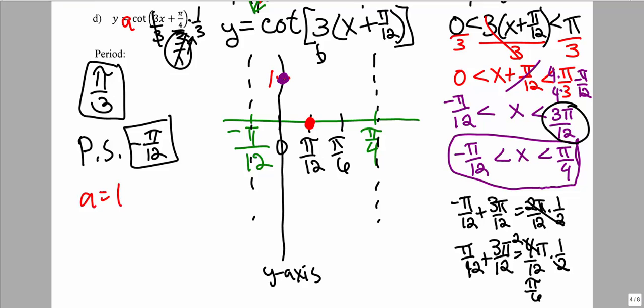At our second midpoint there of 0, we're going to go up and to the left for cotangent. And then we're going to go to the right and down 1 unit. And that puts the y value at minus 1. So we're going to start at the middle, go down and to the right, and then go up and to the left.